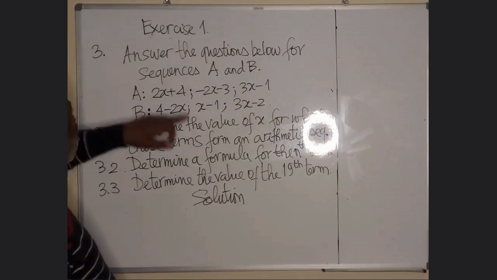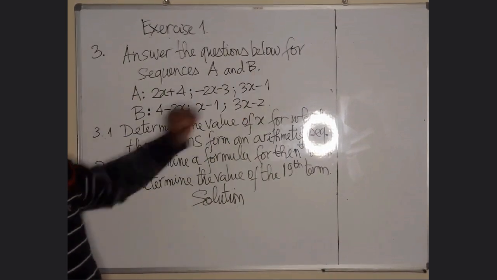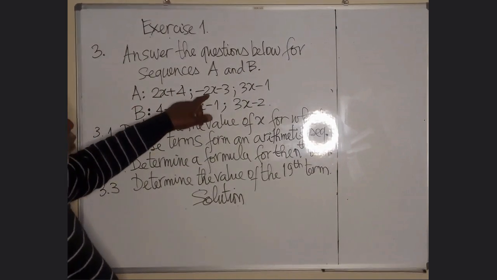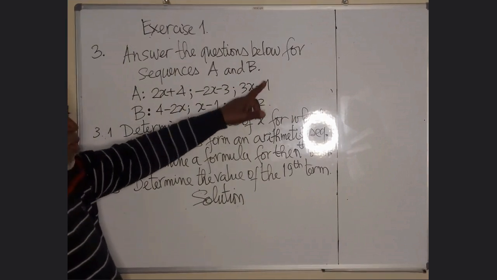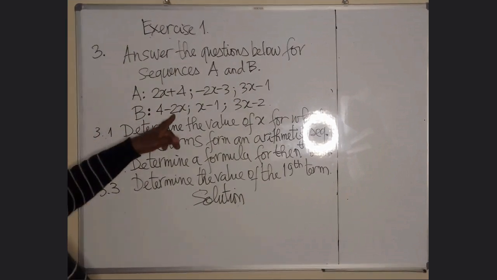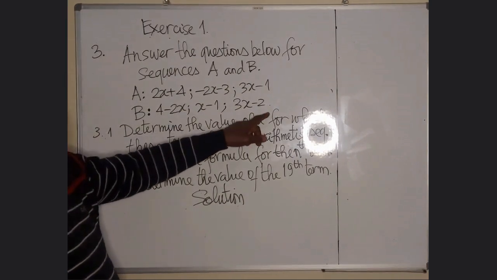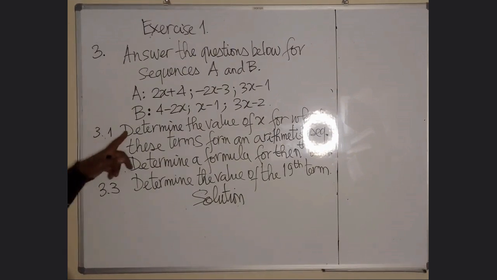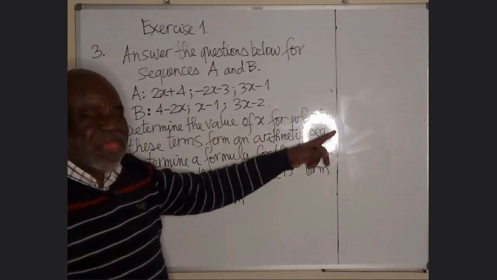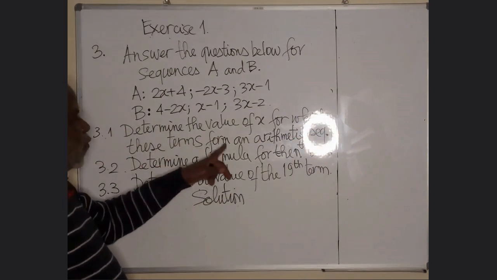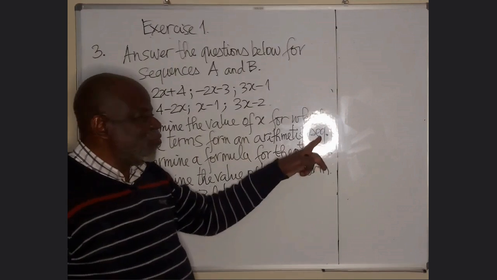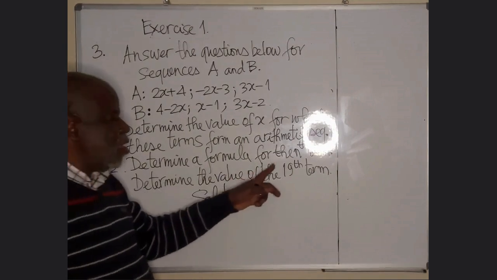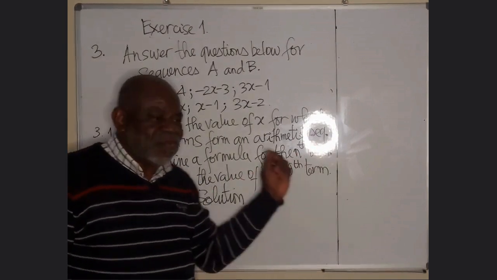Answer the questions below for sequences A and B. A is 2x plus 4, minus 2x minus 3, 3x minus 1. And B is 4 minus 2x, x minus 1, 3x minus 2. These are the questions. 3.1, determine the value of x for which these terms form an arithmetic sequence. 3.2, determine a formula for the nth term of this sequence.